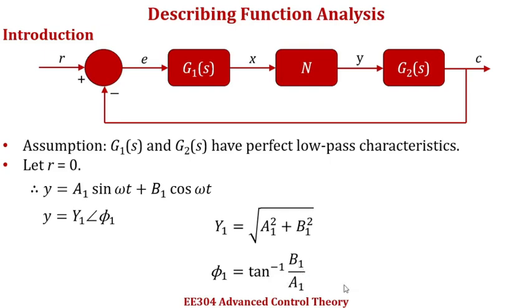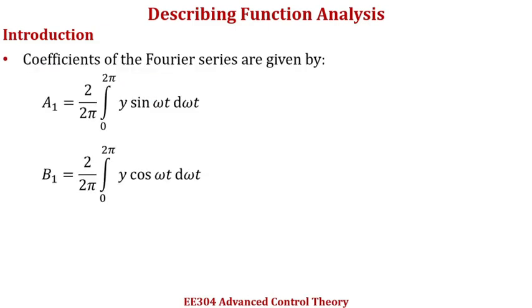From what you have learned in the Fourier series analysis in your mathematics paper during your course in BTech, you know that the coefficients of the Fourier series a1 and b1 are given by these two equations. So these are very important to us as far as describing function analysis is concerned.